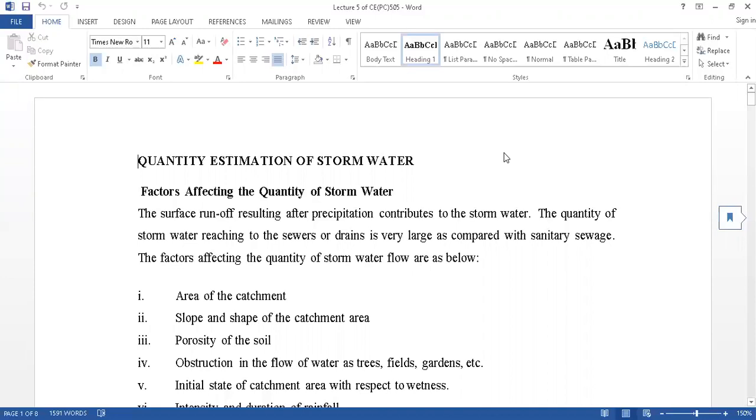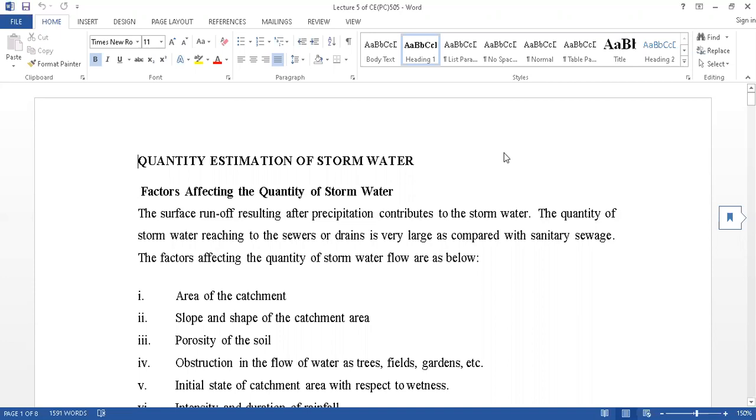Now in this lecture today I will show you how the quantity estimation of the stormwater is done for designing the sewerage system, whether it is a storm sewer or a combined sewer. So definitely the significance of the quantity of stormwater is very important.